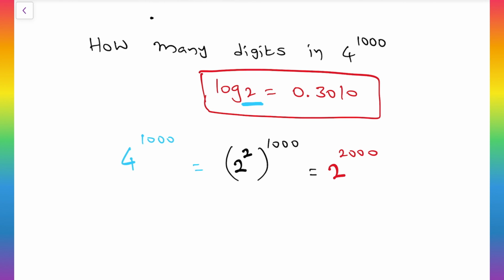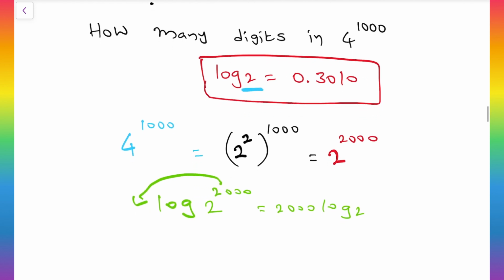Now for this value 2 power 2000, you apply the log. So log 2 power 2000. In the logarithm, if the power is on the main number, it will go to the front as it is. So this 2000 will come to the front, and that becomes 2000 into log 2. What is the value of log 2? That is 0.3010. Just simply multiply these two numbers.